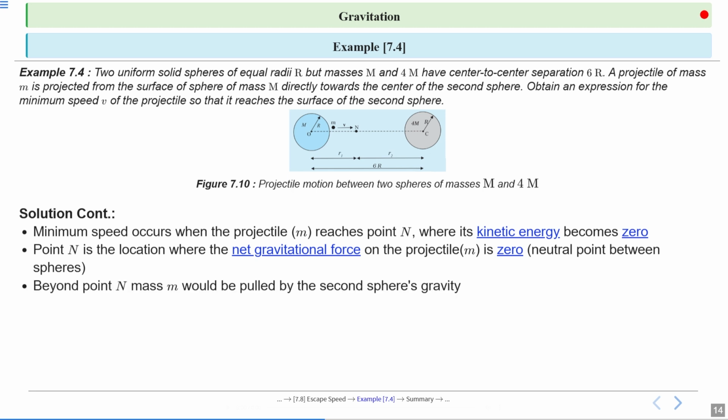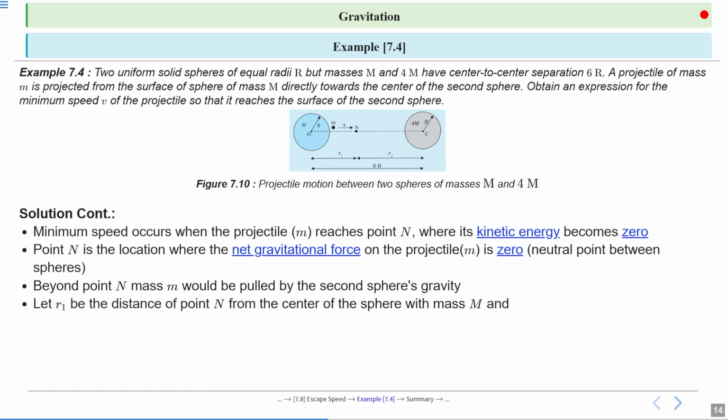Beyond point N, the projectile will be pulled by the gravity of the second sphere. This means that once the projectile passes this point, it will naturally be drawn towards the second sphere, highlighting the gravitational dominance of the larger mass.